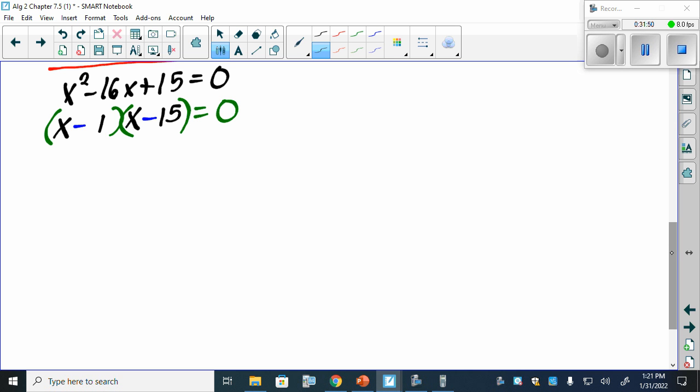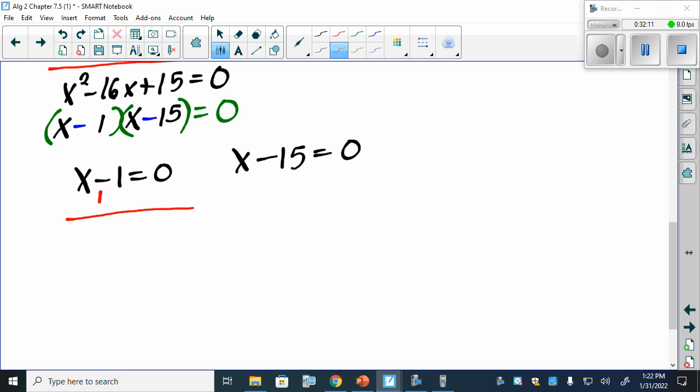Anytime we have two or more things multiplied together equals 0, it means that one of these must be 0. So it's either saying that x minus 1 is 0, or x minus 15 is 0. One of these has to be 0. And at this point here, we just need to solve for the value of x. So we can add 1 to both sides here.